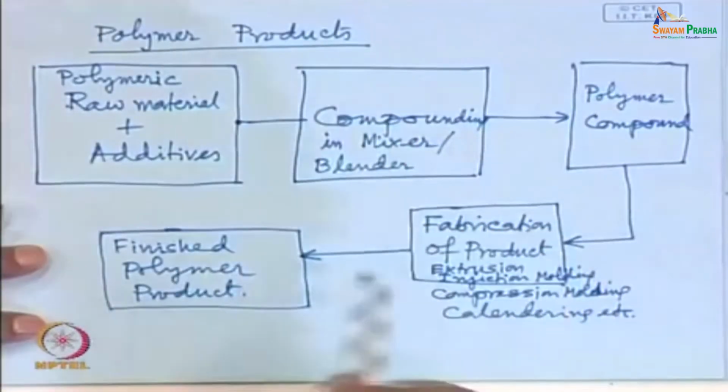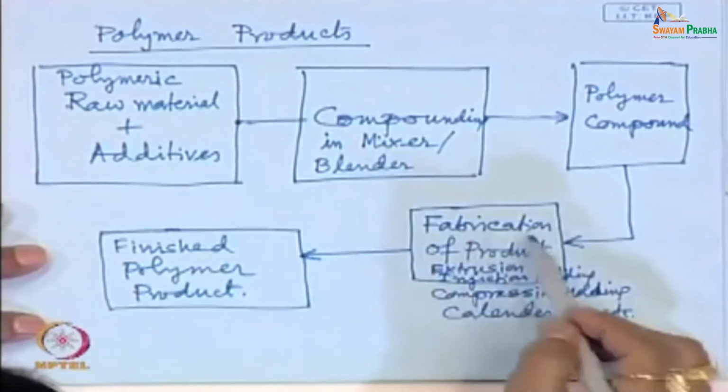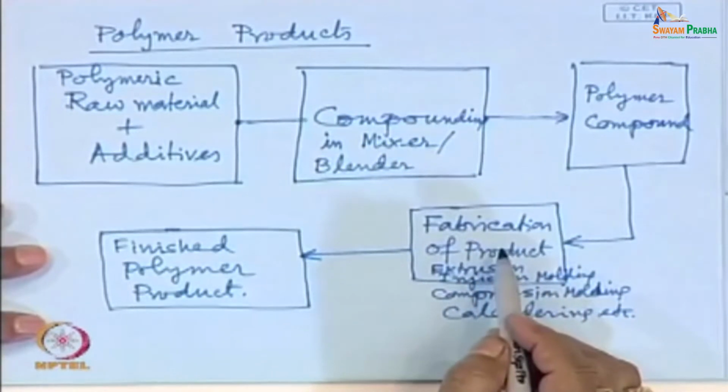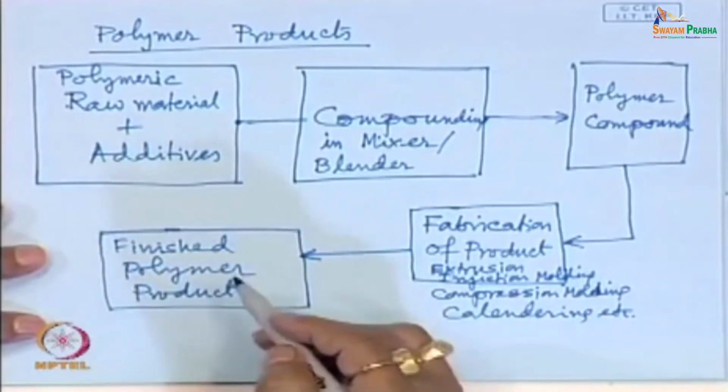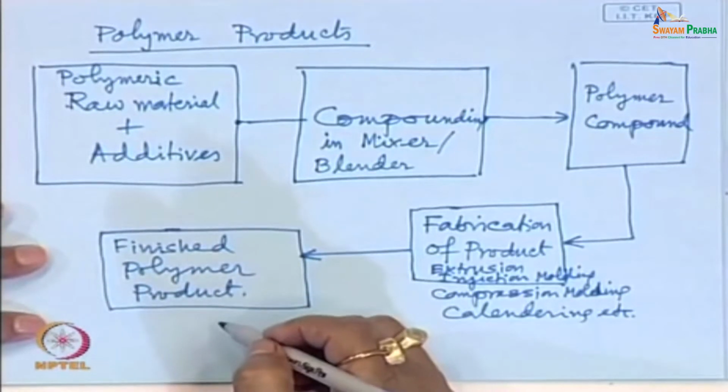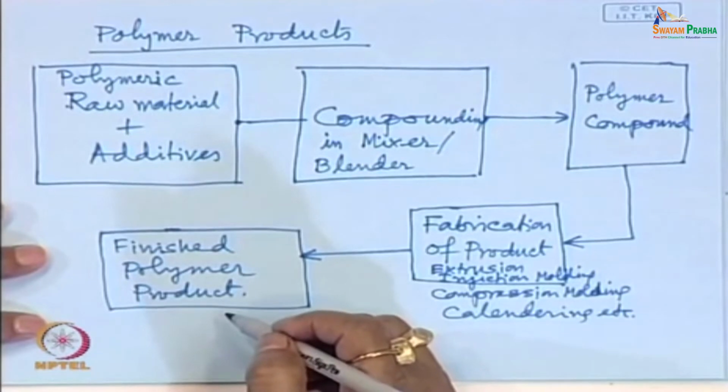Functional additives, I mean these additives have certain roles during this compounding, during this fabrication step, okay, as well as after the product is obtained in the finished form, then during service the additives have several roles to play. Okay.